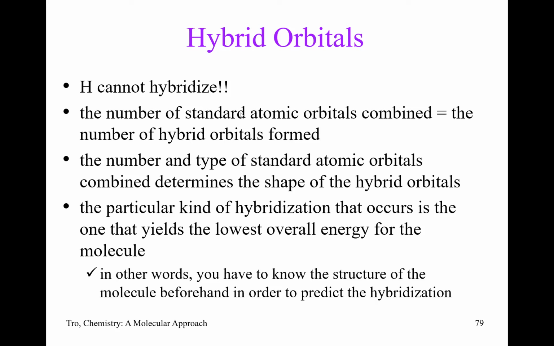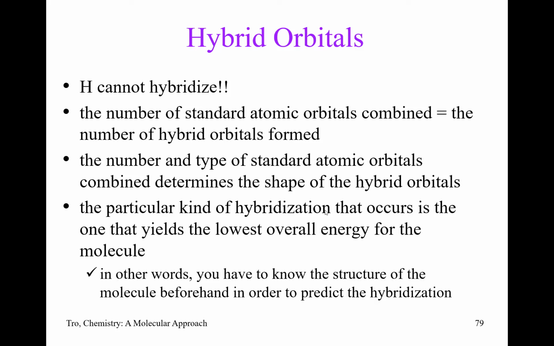So if before you had an s and three p orbitals, that's four total. The hybridized ones have to be the same as well, right? Four before, four after. The number and the type of the standard atomic orbitals combined determines the shape of the hybrids. We'll see that coming up. That's hard to understand until you see the pictures.